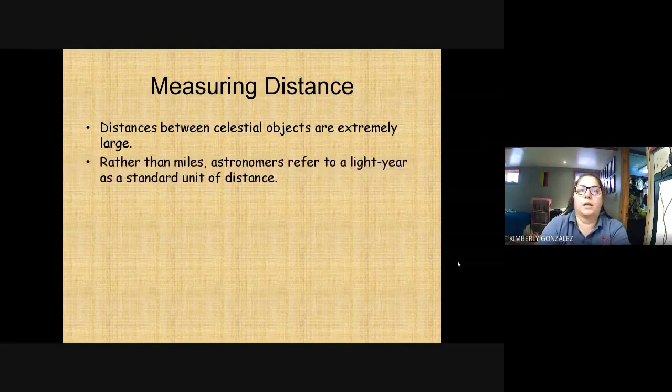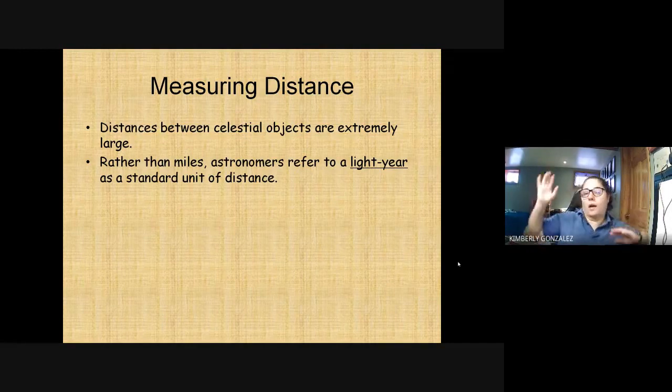The first one is known as a light year. A light year is going to be a standard unit of distance when we're talking about celestial objects. So the distance between 2 planets, the distance between a star and a planet, a comet, an asteroid, whatever it is, we can refer to it in light years.